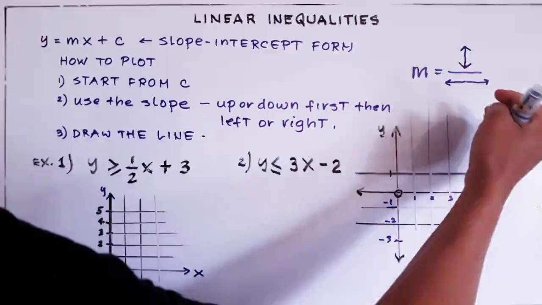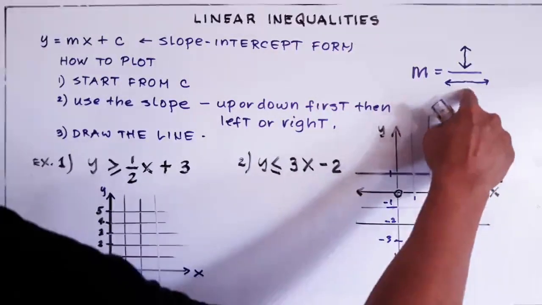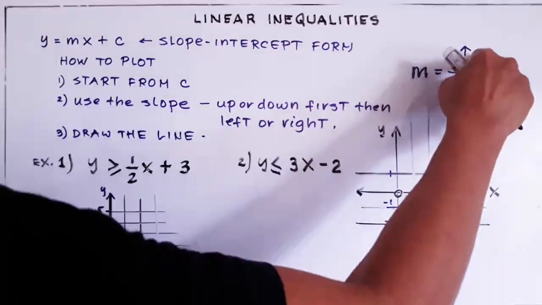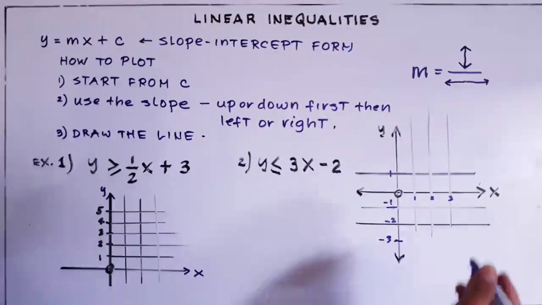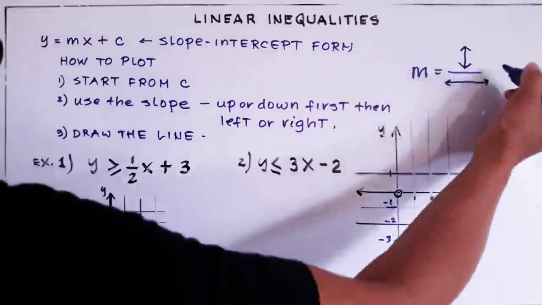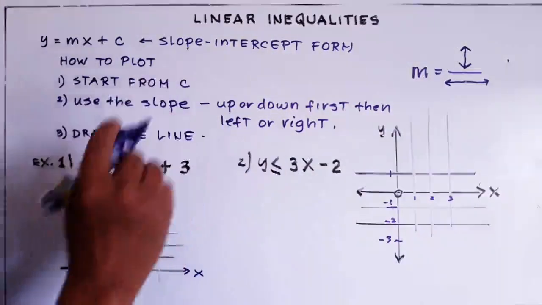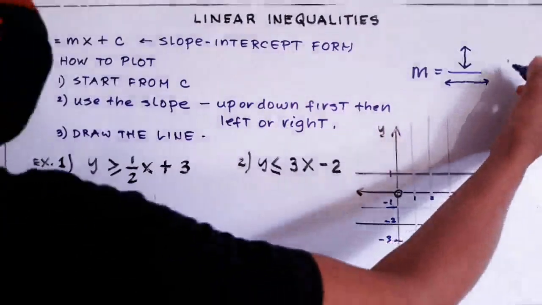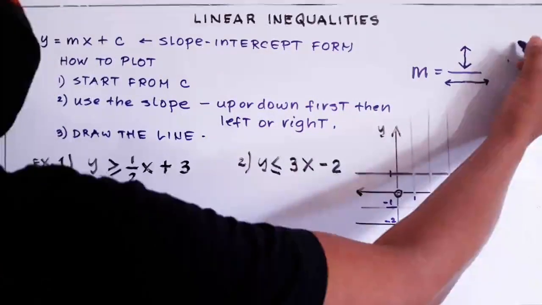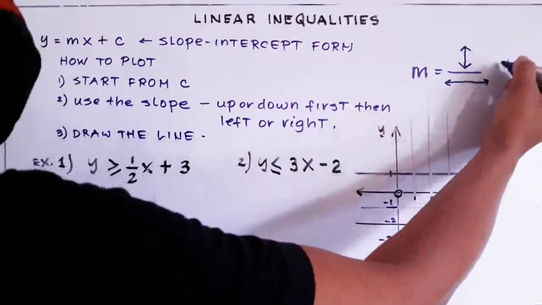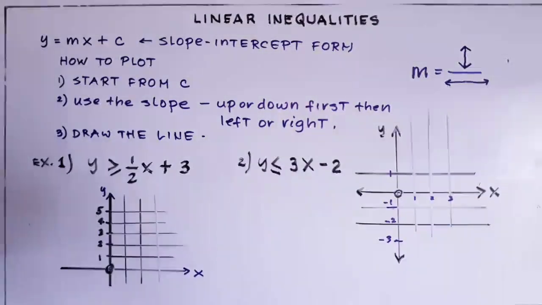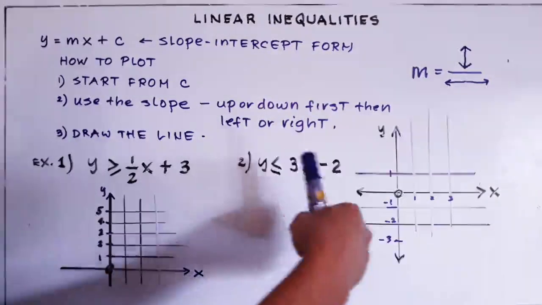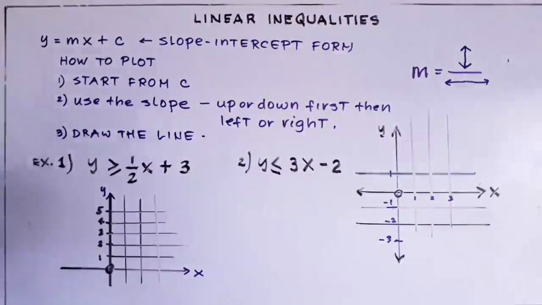If you want the left or right first, you can do that also. It's your choice. So the slope is composed of two numbers always. Then, after stopping there, you draw a line from that end point to the C, the starting point, and you have your line. If that is a linear equation, then you draw a line like that. Then place two arrows.